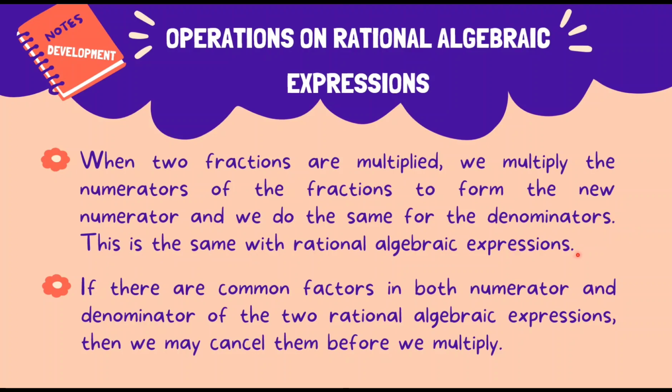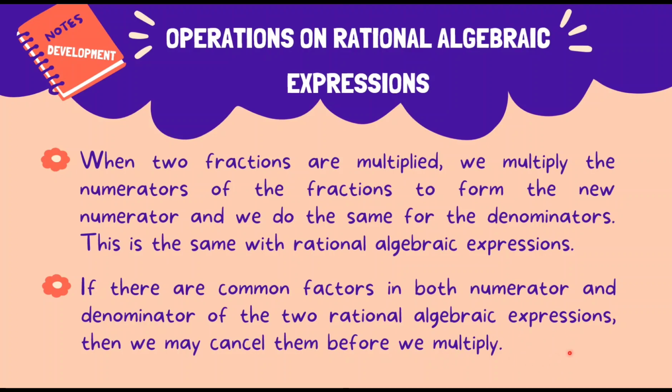In rational algebraic expressions, when the operation is multiplication, you just need to multiply both numerators and both denominators. And if there are common factors in both the numerator and denominator of the two rational algebraic expressions, then we may cancel them before we multiply.